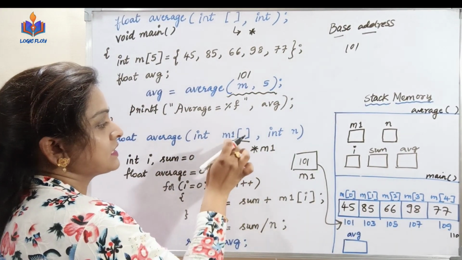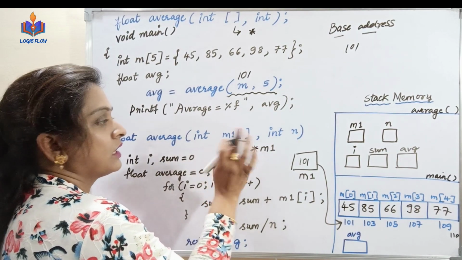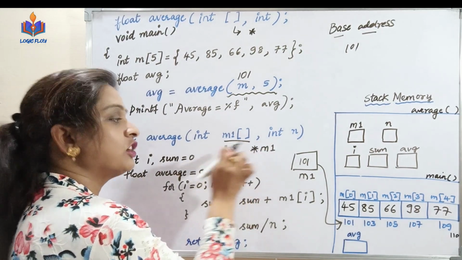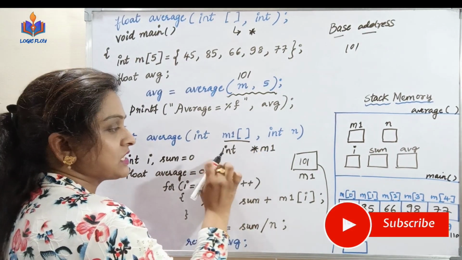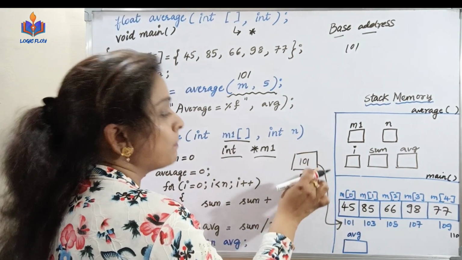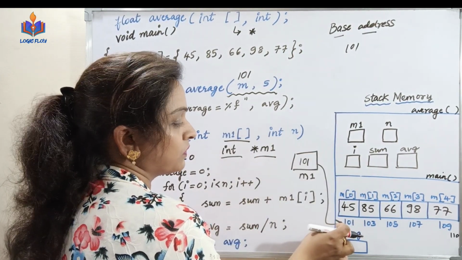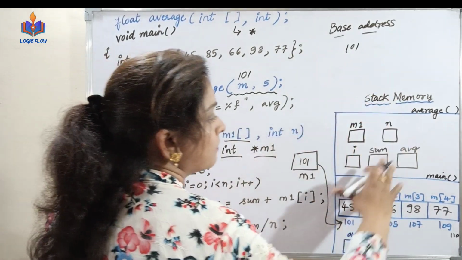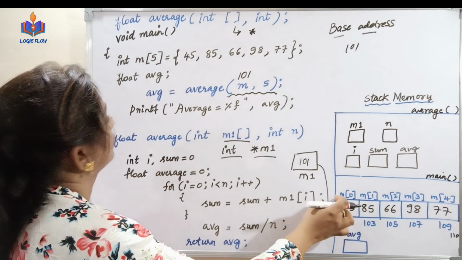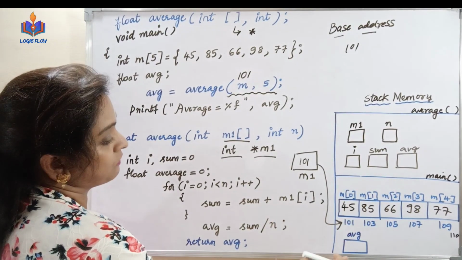Here, as I said, it is not a duplicate array, it is an integer pointer, a pointer to integer. It is just like writing like this. So M1 is receiving 101, meaning it is pointing to this. In the main memory we have all these values, array M, and then we have average.